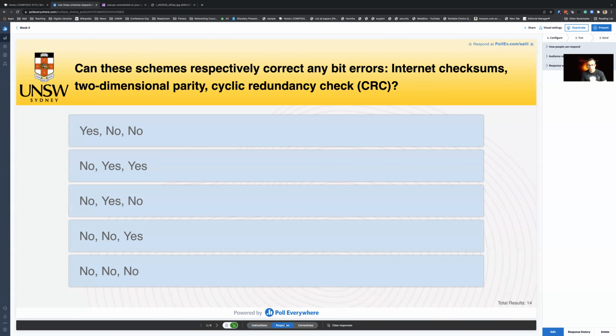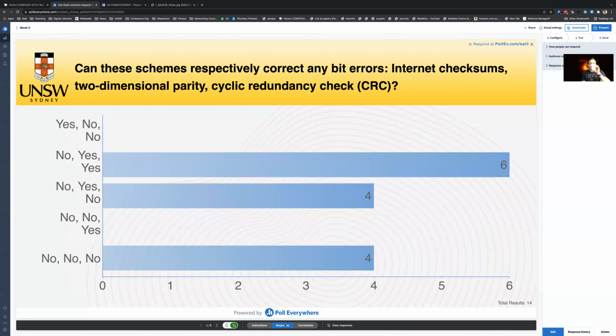Okay, let's have a look. A lot of confusion. Let's see where we are at. So can internet checksums actually correct any bit errors? Well, the answer is no. Internet checksum cannot correct a bit error.